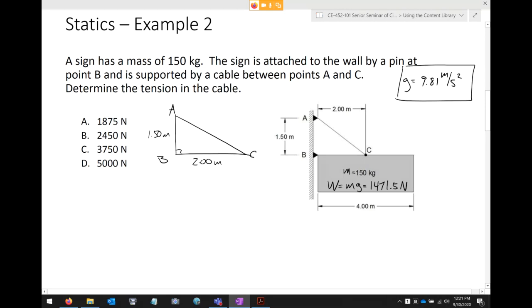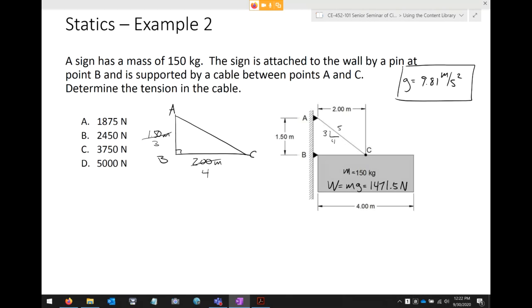If I were to multiply both of these by 2, this would be a 3, this would be a 4. Okay, and so that's 3, 4, 5. That's a 3, 4, 5 triangle. I'm going to use that here in a second.